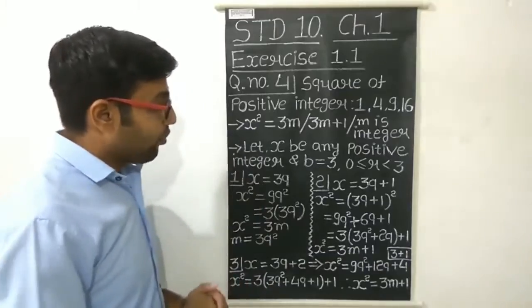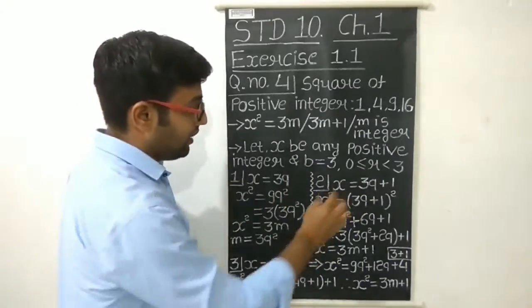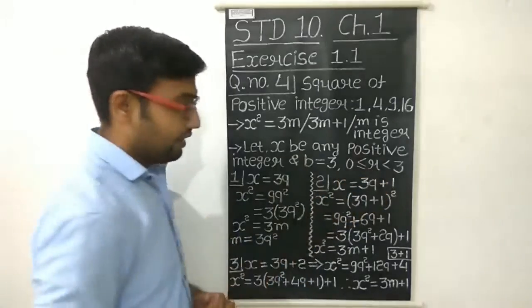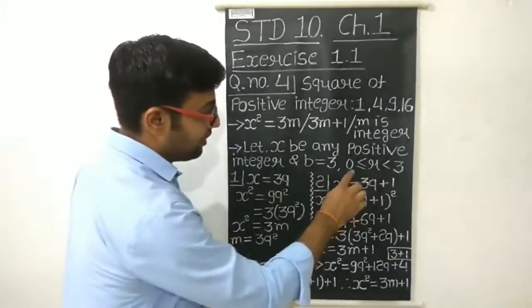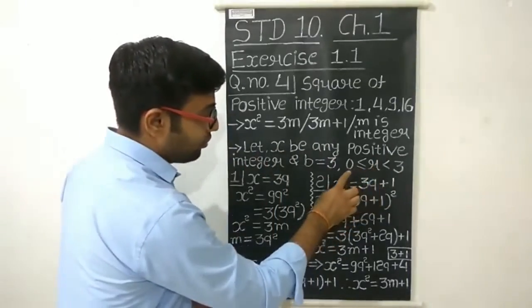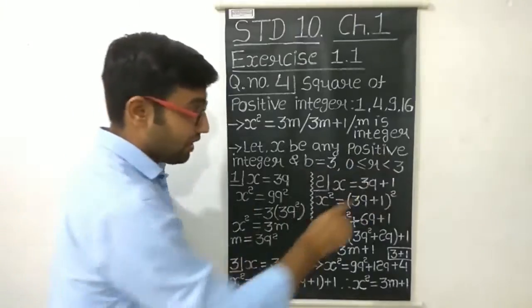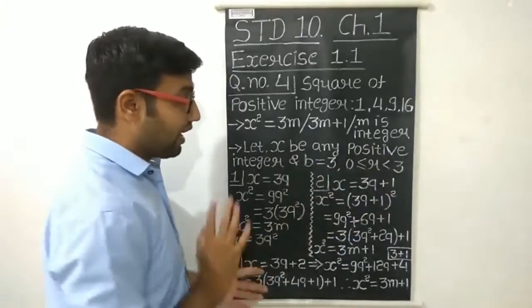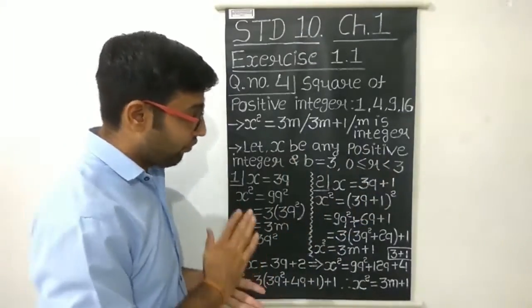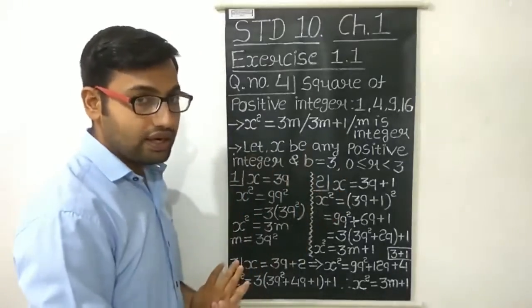According to the condition on b and r, the value of r, the remainder, is between 0 and 3. r contains values from 0 up to 3, but we cannot take 3. So the possible values of r are 0, 1 and 2, right?